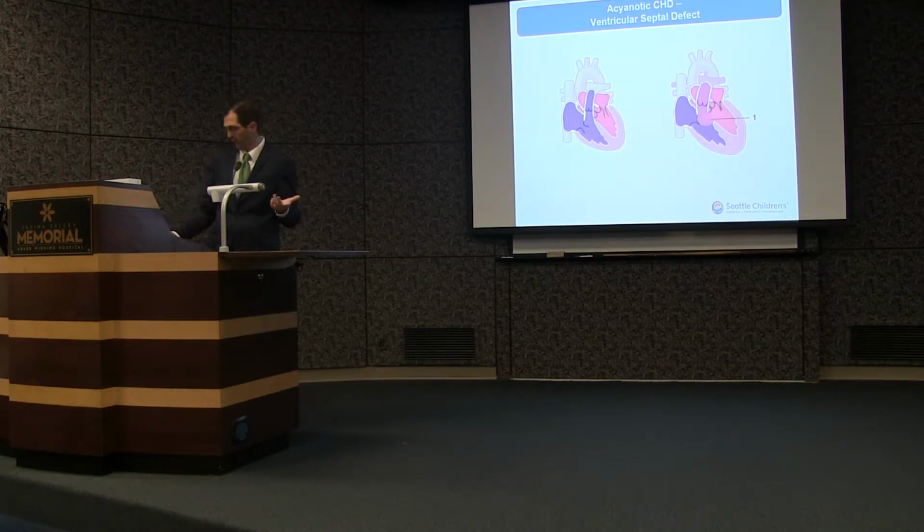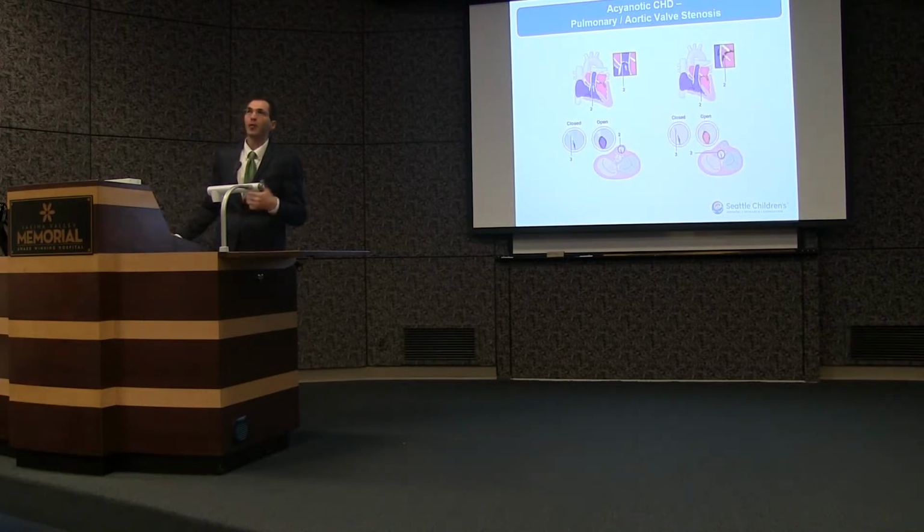Notice that in both those cases, the saturation of blood going out to the baby's body is still red, so they're not going to be cyanotic. So with ASDs, VSDs, with pulmonary valve stenosis and aortic valve stenosis, we have basically a very dysplastic or thickened or just very small pulmonary valve or aortic valve.